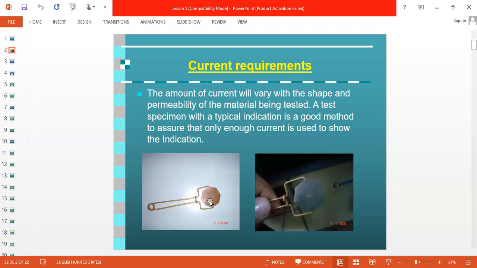At the same time we apply the iron particles on this pie gauge. If we get the required lines on the pie gauge, then we can say the magnetic field is sufficient. If we are not getting clear line indications on the pie gauge, then we have to adjust this current. So this is the process.